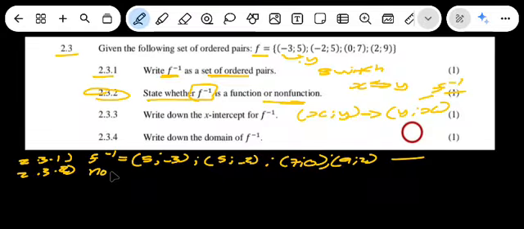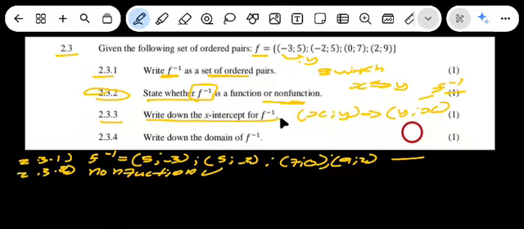We discussed this using our vertical line test. Yeah, you must use your vertical line test. So it says write down the x-intercept of the inverse. Okay.